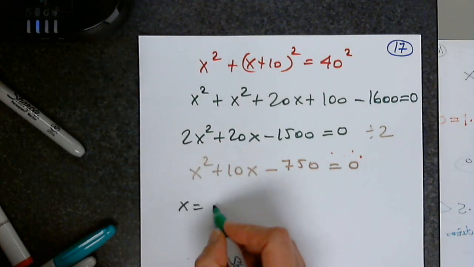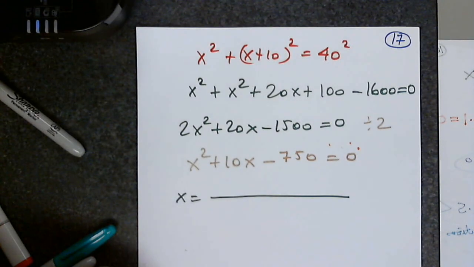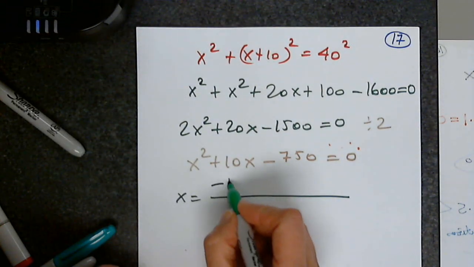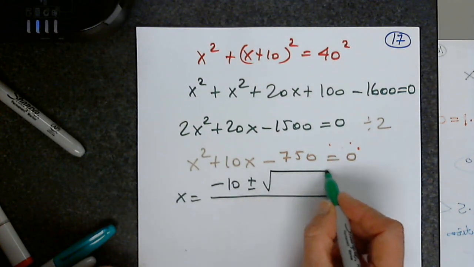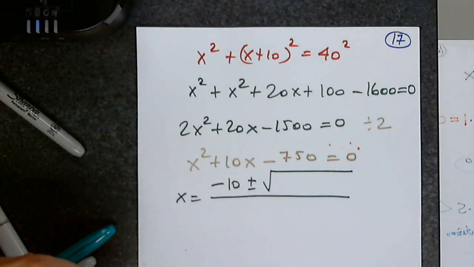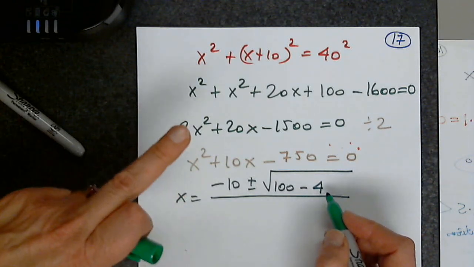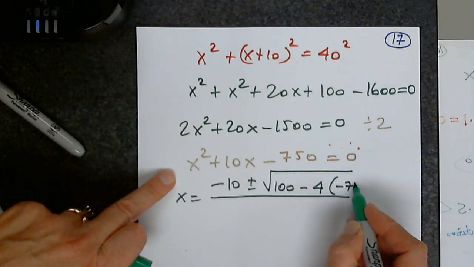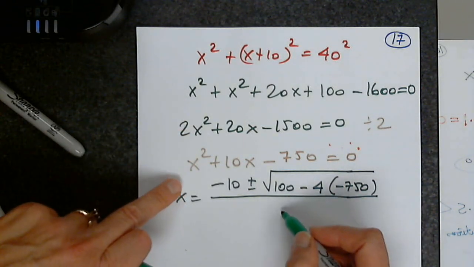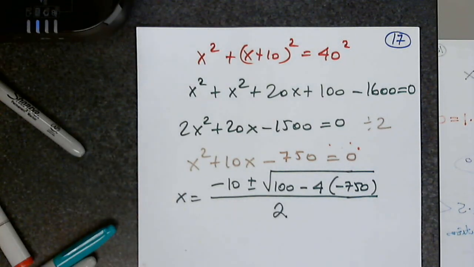So x equals negative b plus or minus the square root of 100 minus 4 times 1 times negative 750, divided by 2. I want to show this with a graphing calculator.